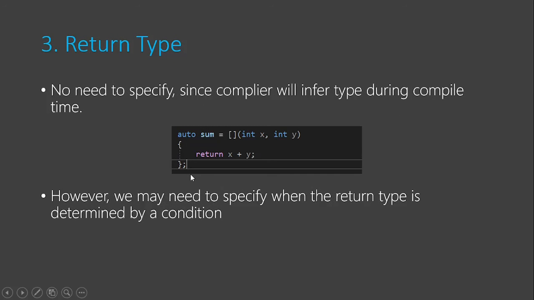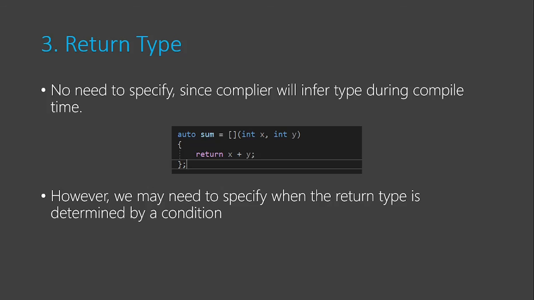The return type can or cannot be specified. The beauty with lambda expressions is the compiler itself will infer the type at compile time. As the program is compiling, it will look at the type of the returned value, and that is what is going to be considered as the return type for the entire lambda expression.